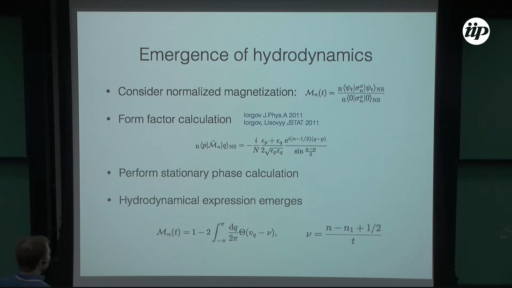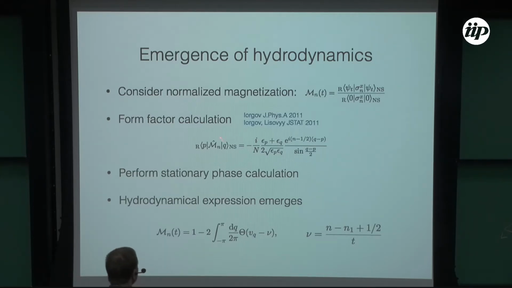Of course, if you want to study this problem analytically, it's not so simple, because you have to consider form factors of the magnetization. I won't show you the details, but essentially you rewrite the initial state in terms of the eigenstates of the Hamiltonian, and then you have a double sum, and you have to consider these single particle form factors, so 1 + 1 particle form factors, and you have to do the sum, or integral, in the thermodynamic limit.